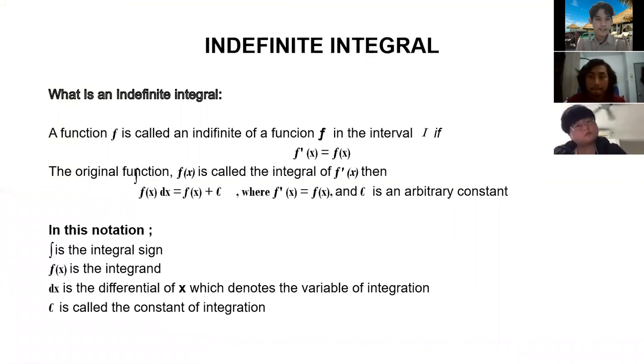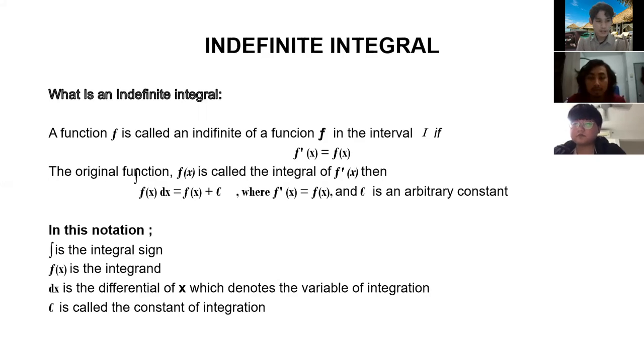So what is an indefinite integral? A function F is called an antiderivative of a function f in the interval I if F'(x) equals f(x). The original function F(x) is called the integral of f(x). Then the integral of f(x) dx equals F(x) plus C, where F'(x) equals f(x), and C is an arbitrary constant.